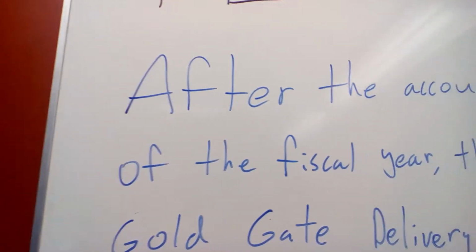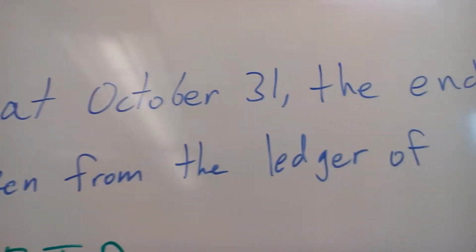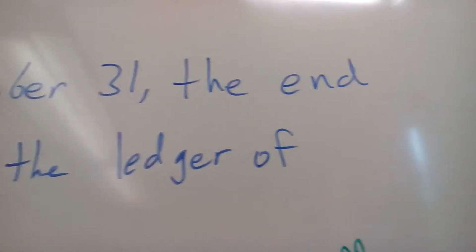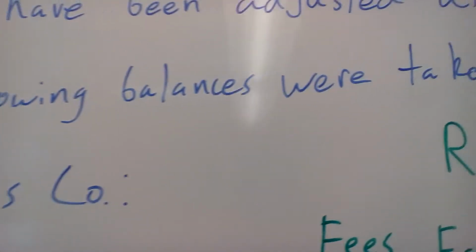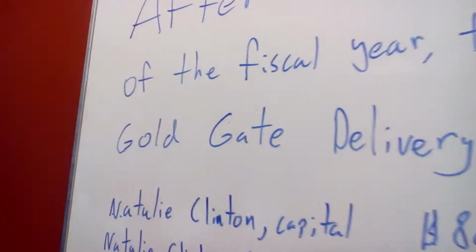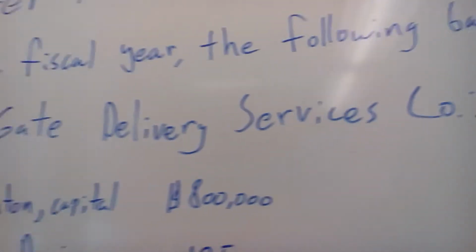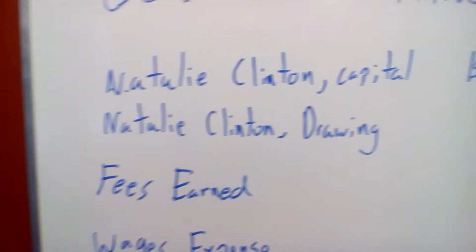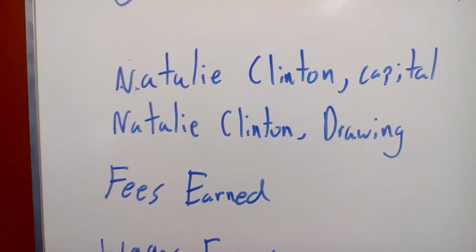So here's the problem. After the accounts have been adjusted at October 31st, the end of the fiscal year, the following balances were taken from the ledger of Gold Gate Delivery Services Company. Natalie Clinton capital is at 800,000.